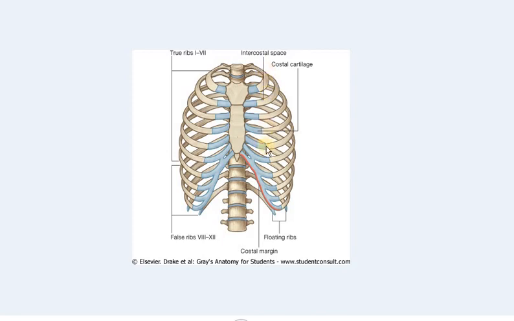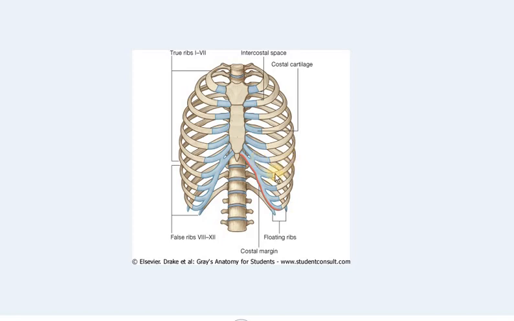The true ribs are also called the vertebrosternal ribs, because these ribs are connected posteriorly to the vertebrae and anteriorly to the sternum, while the false ribs are posteriorly connected to the vertebral column, but anteriorly either the anterior ends are free or the anterior ends of the ribs are connected to the cartilages of the rib just above.